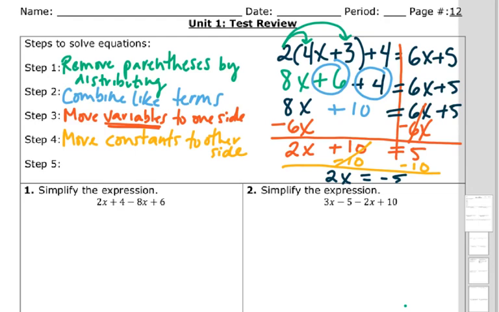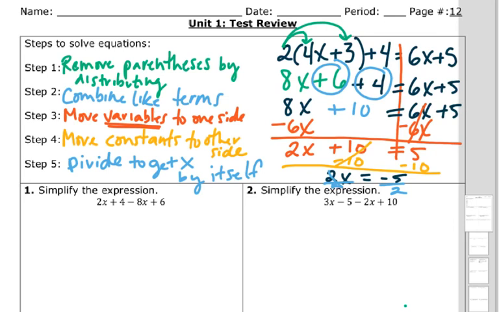Okay, last step, step 5, we need to get x by itself. So to get this x alone, we are going to divide by 2 and divide by 2. So that last step is to divide. Sometimes we would have to multiply to get it by itself, but in this one, we divided to get x by itself.